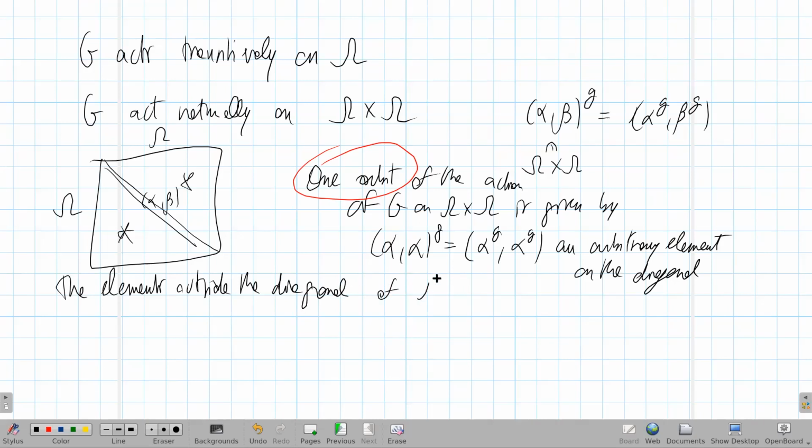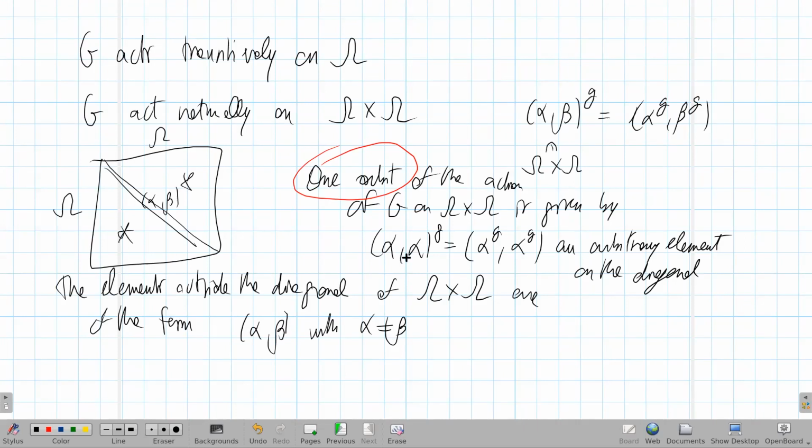The elements of omega times omega off the diagonal are of the form alpha beta with alpha different from beta. Of course, because the diagonal is given by the elements in which the two components are the same.